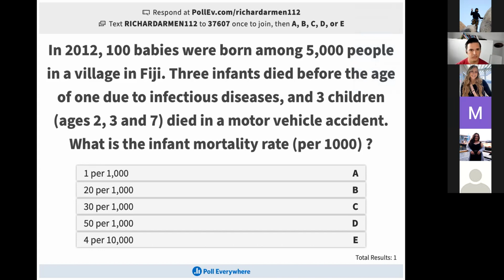If you need it, the formula for infant mortality: number of deaths of infants under the age of 1 over the total number of babies that were born. So number of deaths under age of 1 over the total number that were born.